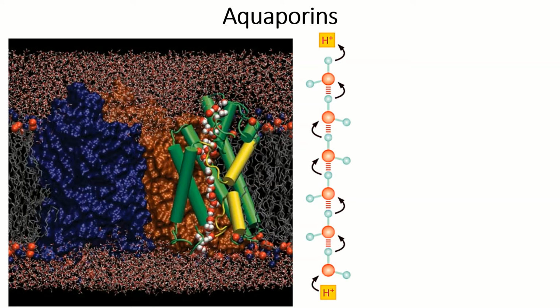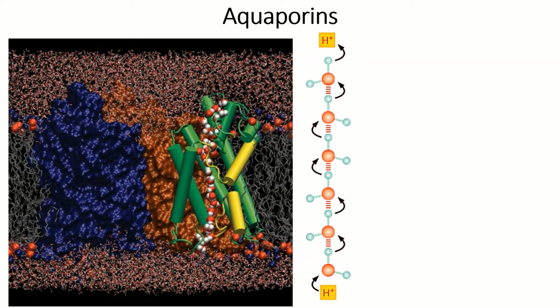Okay? So as you can see in the illustration here on the left, water may only go through the aquaporin channel in a single file, single line. And the aquaporin channel prevents the movement of hydrogen ions into and out of the cell. Okay, because if that happens, the pH of the environment in and out of the cell will be imbalanced.